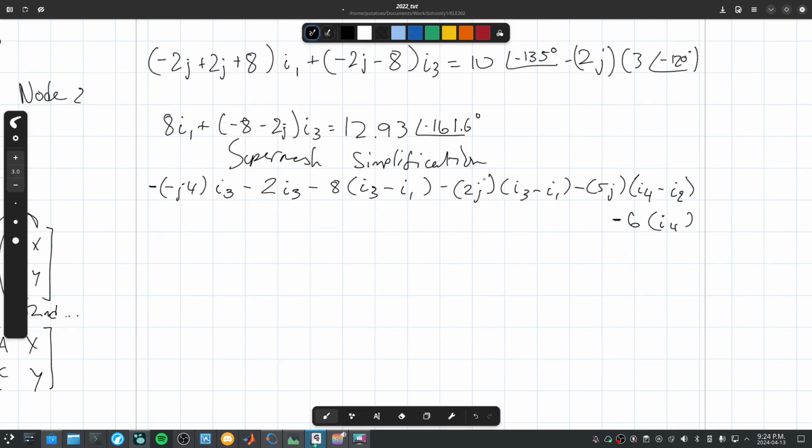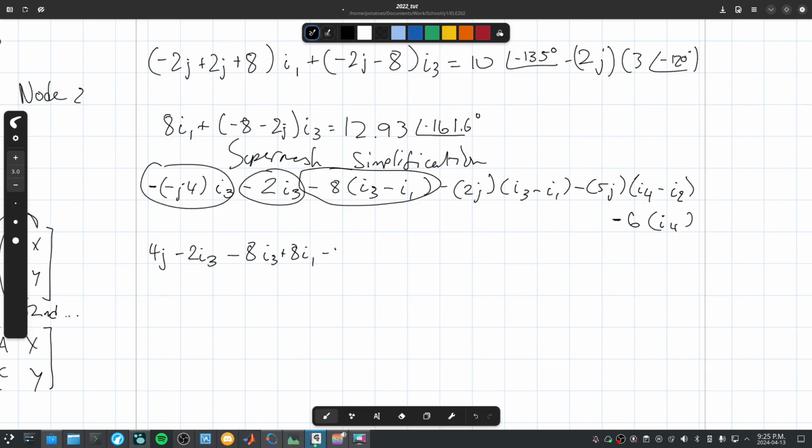So, again, just expand. So this is going to be 4j minus 2j i3, no change there, minus 8 i3 plus 8 i1. Like you see, again, I circle each one at a time so that I make sure I'm not missing a term, because I miss terms all the time.